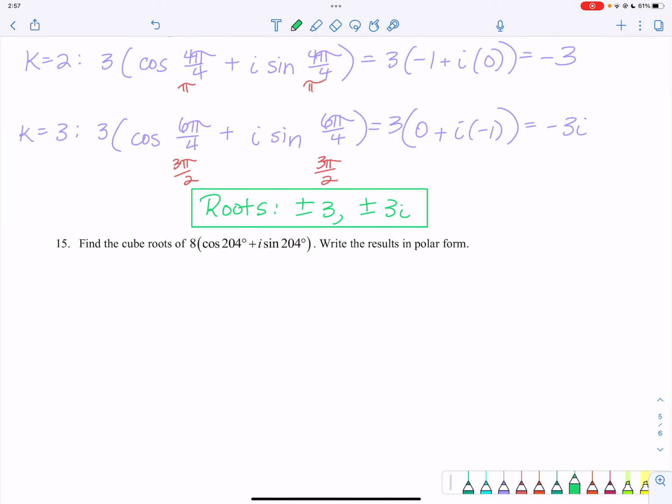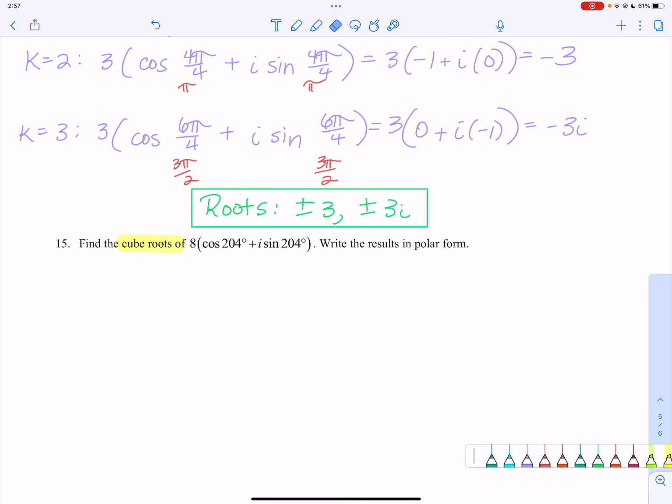Okay, the last thing we're going to do is we're going to find the cube roots of 8 cis 204 degrees. And we'll write the results in polar form.